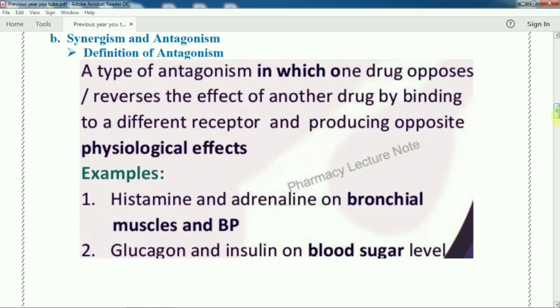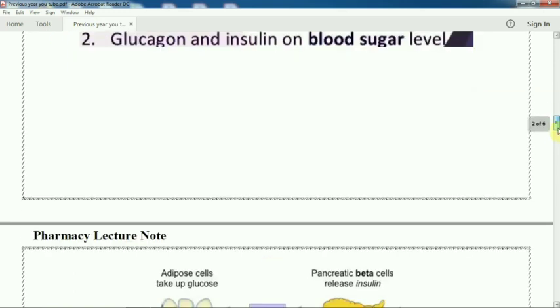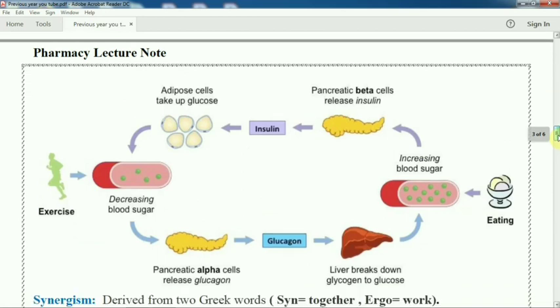Suppose glucagon and insulin on blood sugar level, histamine and adrenaline on bronchial muscle. See the example. What is the function of glucagon and what is the function of insulin?